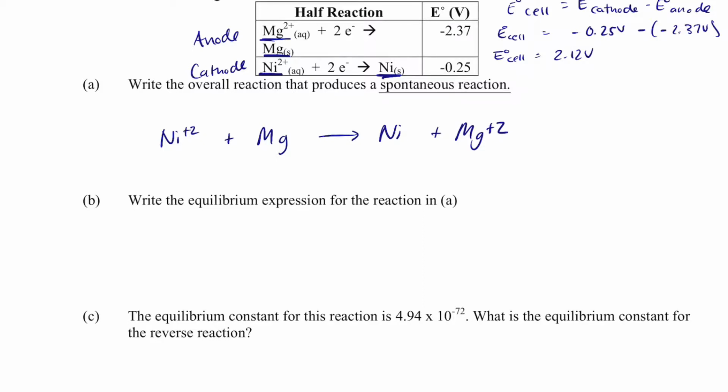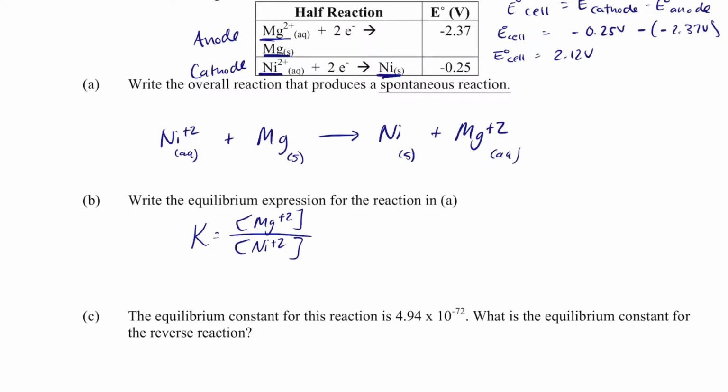Okay, my equilibrium constant expression is going to be K is equal to Mg2+ divided by Ni2+.